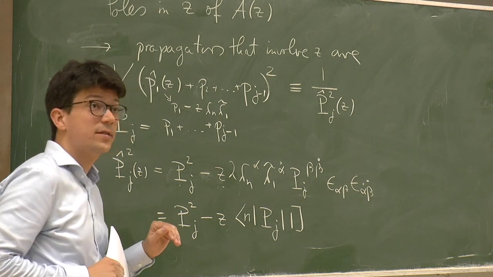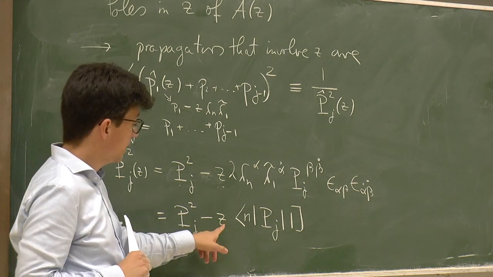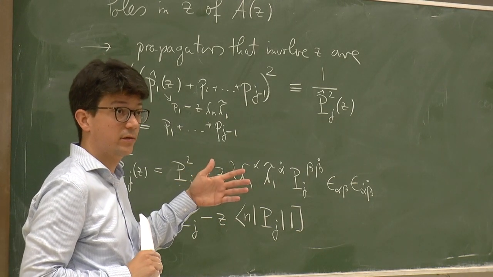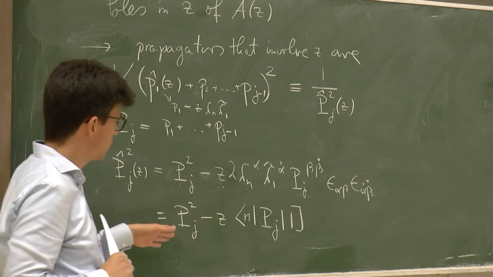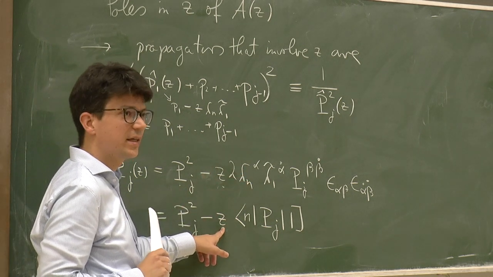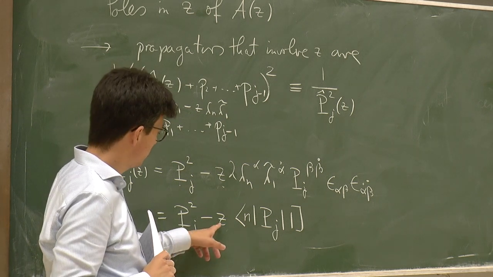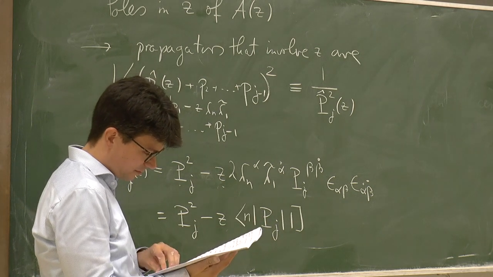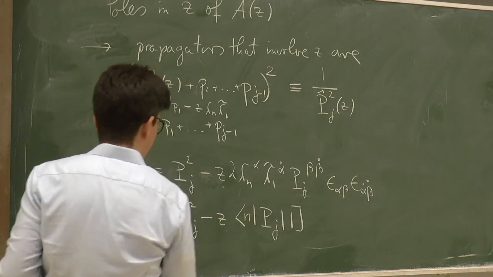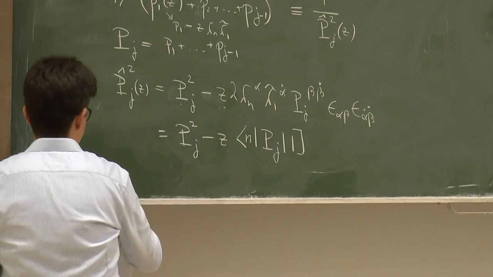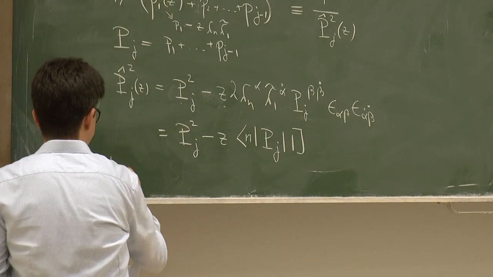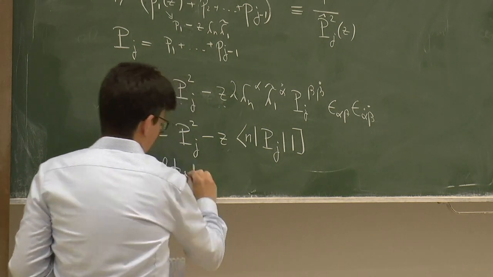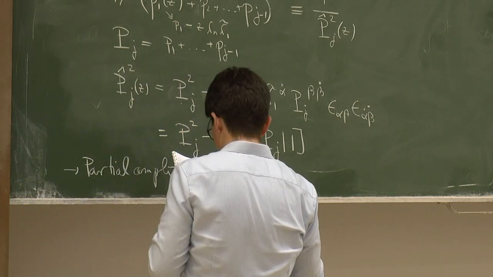Now there's something very nice that you can see, namely that the dependence on z is linear. This was a consequence of a masslessness condition. And so each such propagator will have a single pole in z. We know the location, it's when this object vanishes. So the partial amplitude in general will have a simple pole.